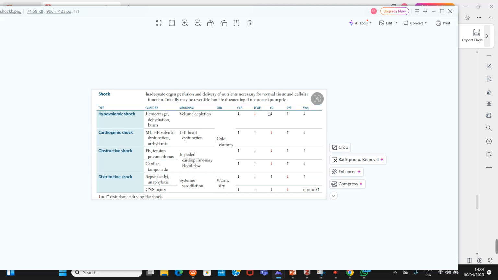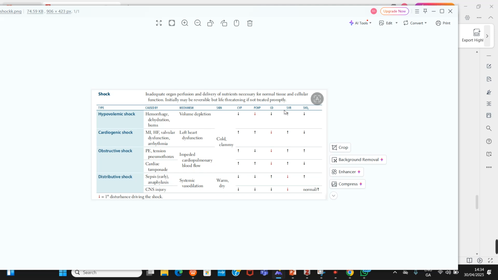But in response to this drop in the cardiac output, in order to maintain blood pressure, the systemic vascular resistance is going to increase. This is more like a sympathetic reflex that is set in place to respond to hypovolemic shock. The way the body is going to try to maintain perfusion to the tissues is to find a way to maintain the blood pressure. So if there's a drop in the cardiac output, the way to achieve normalcy in the blood pressure is to increase the systemic vascular resistance.